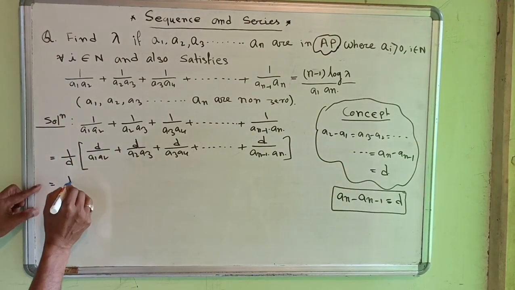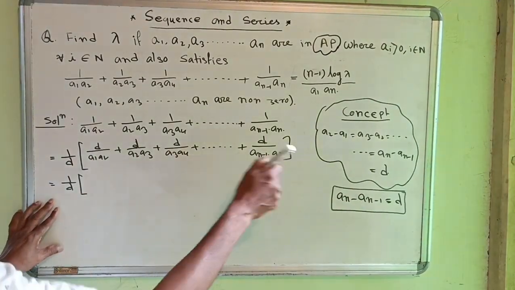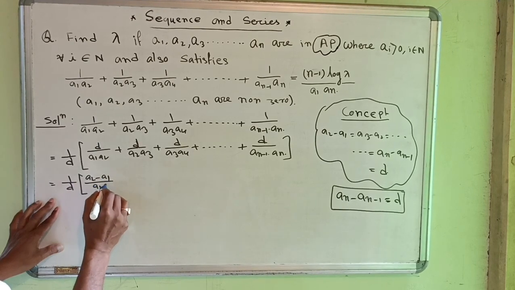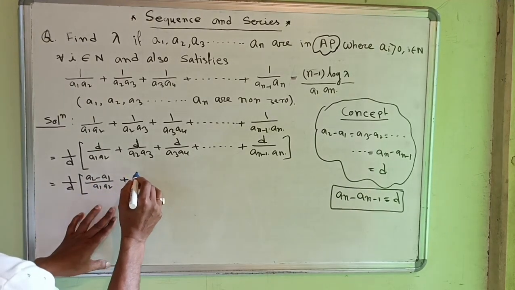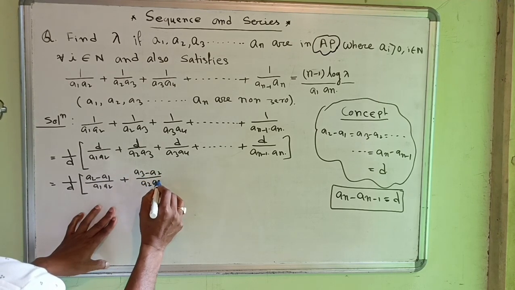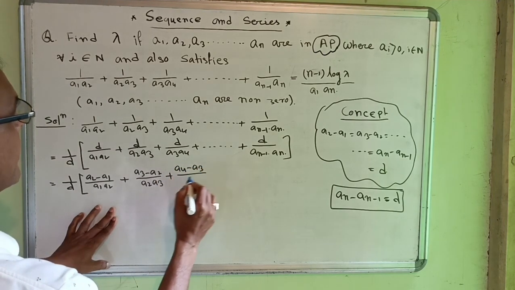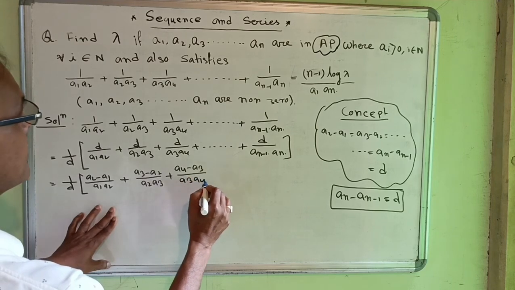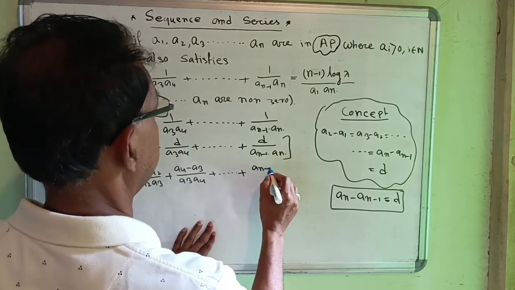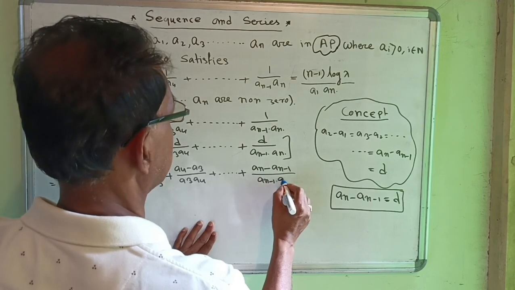This is equal to 1 by d times the following. By this concept we can write a2 minus a1 divided by a1 a2, plus a3 minus a2 divided by a2 a3, plus a4 minus a3 divided by a3 a4, and so on, up to an minus an minus 1 divided by an minus 1 into an.